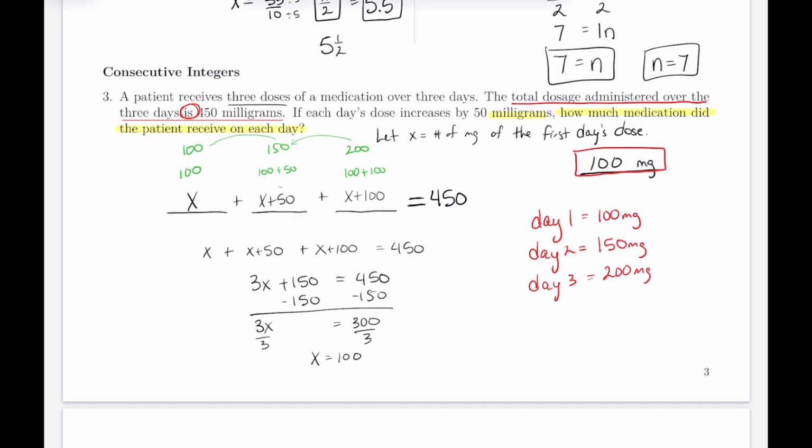There. Now, how much medication did the patient receive on each day? Yeah, it's some number of milligrams, and I've identified how much they're going to be receiving on each day. Okay. So that's why it's so important to read the questions, make sure you're answering the question.